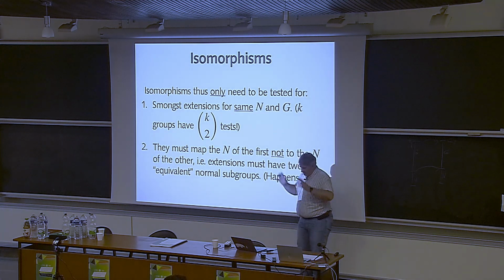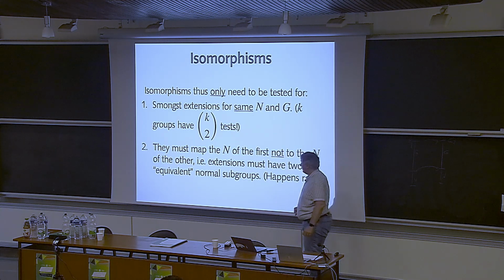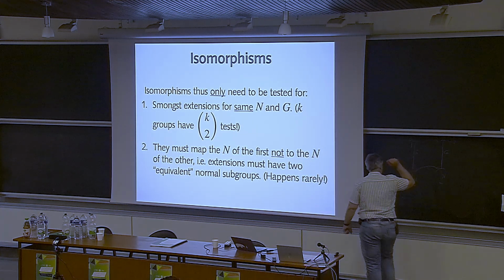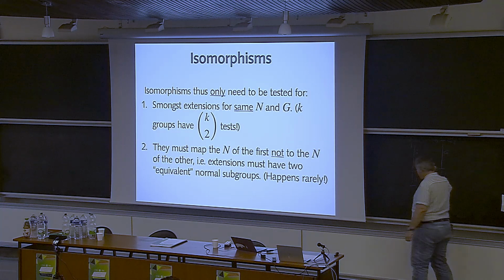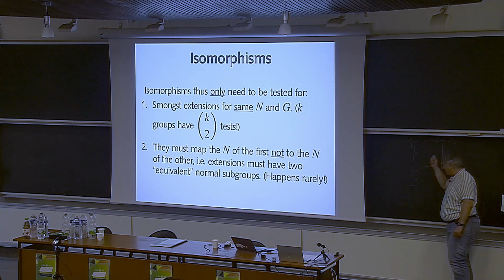Okay. So we want isomorphisms to be among small pools of groups, to avoid this k-square blow up. Because of the lexicography, we know that we will never have to consider an isomorphism where the factor groups are of different kind, or where the modules are of different kind.